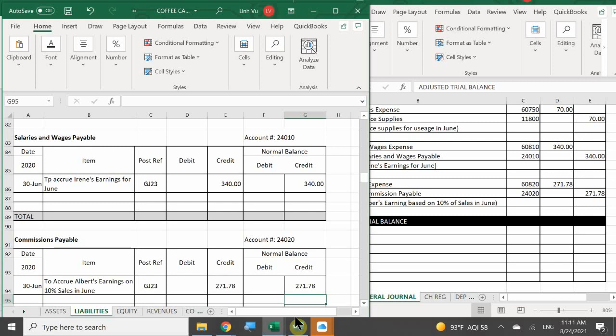Now we've completed step number 6. So tomorrow we're going to dive right into step 7, which is to complete the adjusted trial balance. And we're going to attempt step 8, which is to complete our financial statements. So tomorrow, a lot of information is going to come at you because what we've been doing so far is things that we've known before.